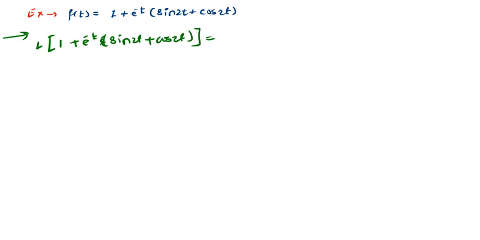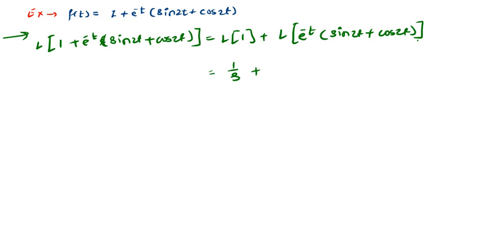By linearity you can write this as Laplace of 1 plus Laplace of e raised to minus t into sine 2t plus cos 2t. Now we know the Laplace of 1 is nothing but 1 by s, and this term is clearly an example of the first shifting theorem, where f of t is the whole function sine 2t plus cos 2t.